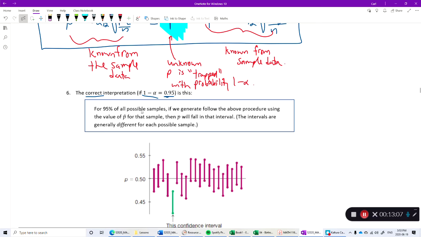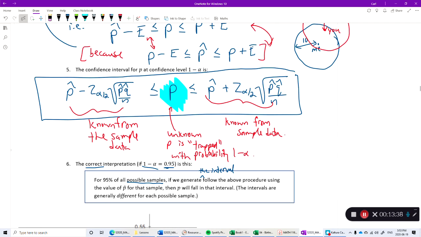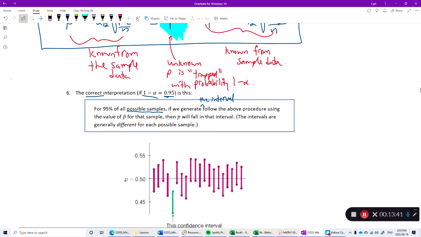For 95% of all possible samples of size n, they all have to be the same size, if we generate the interval following the above procedure for the value of p hat for that sample, then p will fall into that interval.